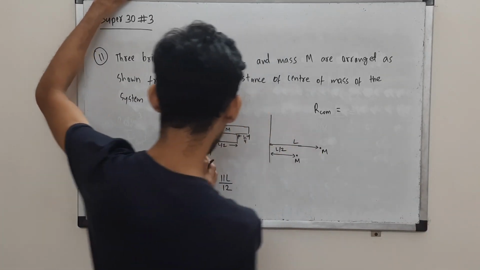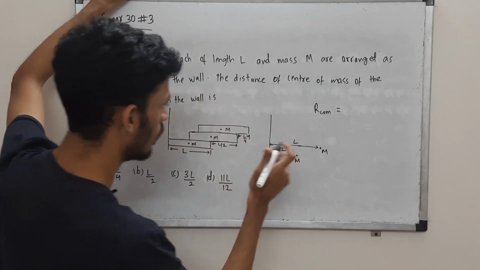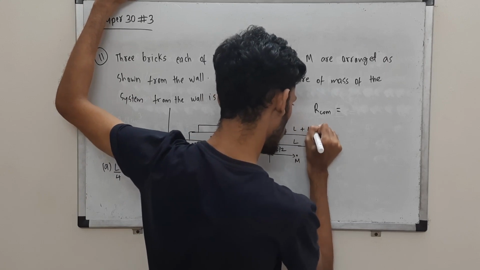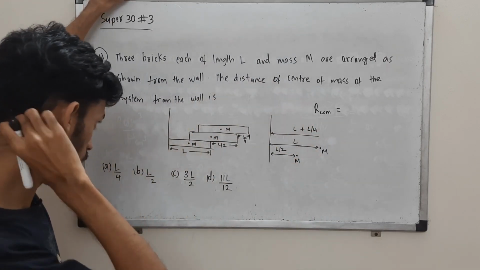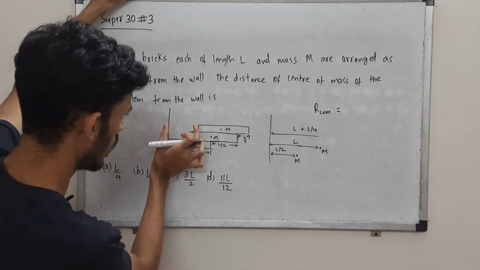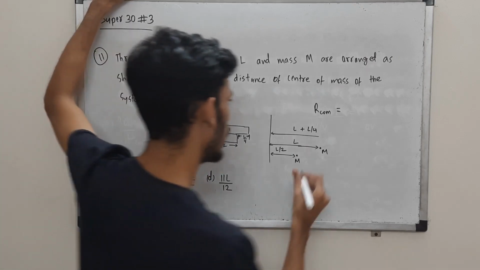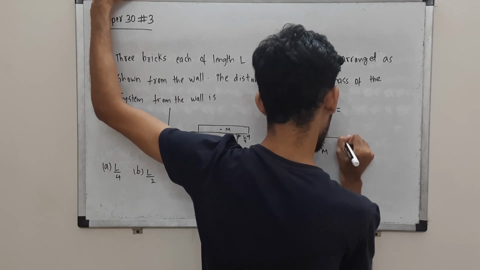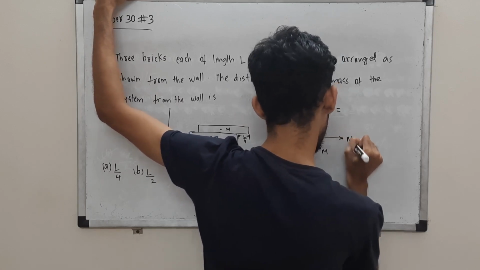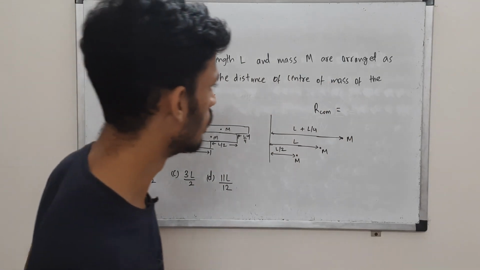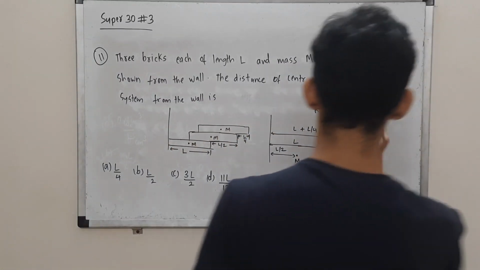And for the last one it will be L plus L by 4, hope I am correct. So this is the third mass. Now you can treat them as discrete masses and find the RCOM, the thing that we are supposed to find.